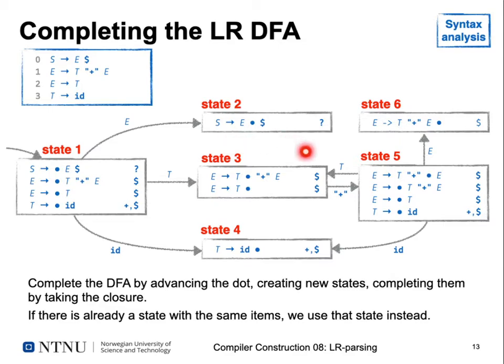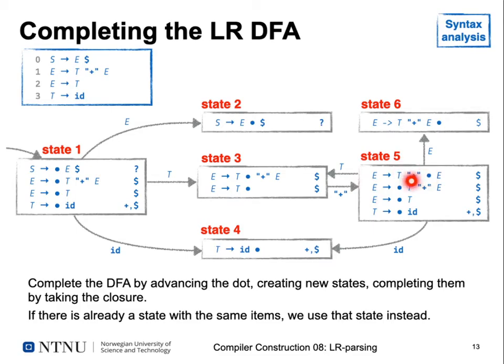In state 3, for the first rule, we could read a plus sign. So the next thing in our parse sequence would be that plus, and after that plus, we have an E. So we would have to add all the rules here and take the closure.